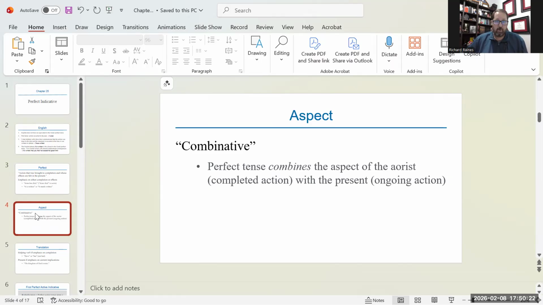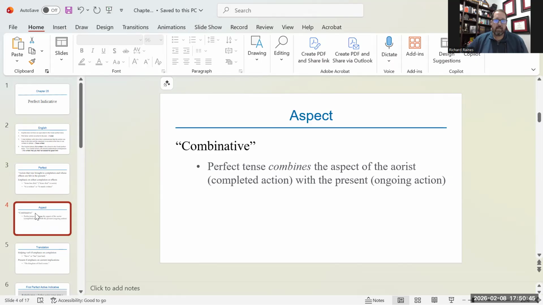I think he made that word up. That's fine. But in order to find a word that might help students understand the perfect tense, he's come up with the word combinative, or combinative, if you want to say it that way.